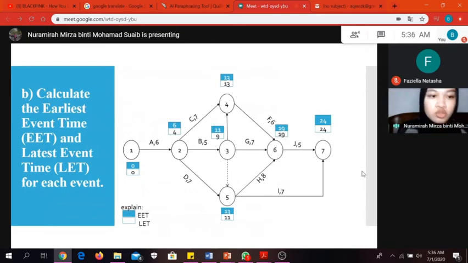Then to get LET, from the last node, which is activity J and node number 7, we subtract the duration in J, 5. So we get 24 minus 5, which is 19. We follow this until the last node, node number 1, so we get 0.